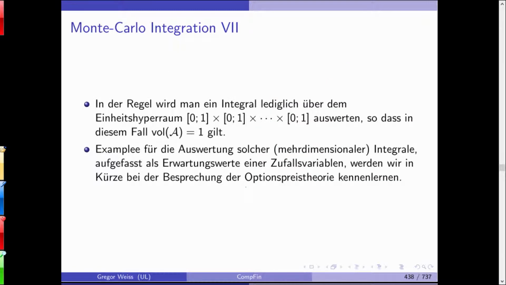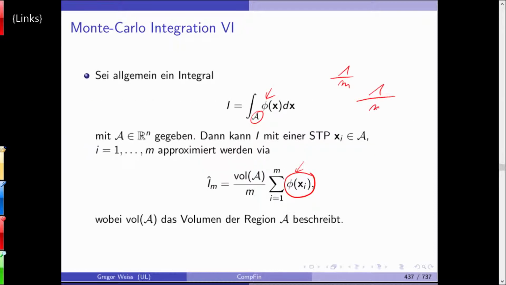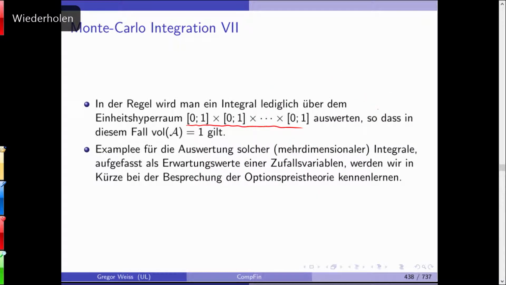Okay, so usually you will just use the unit hyperspace, all those intervals 0 to 1 times 0 to 1 and so on. And in this case, the volume will be 1. So again, you will have 1 over m. But this is a special case if you have this unit hyperspace, the unit hypercube.